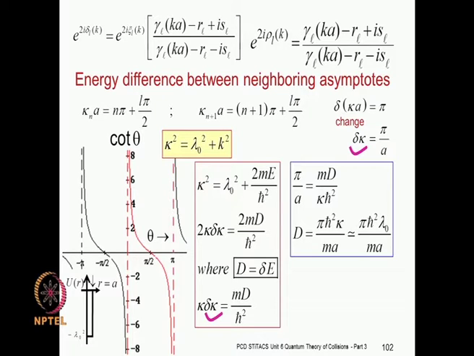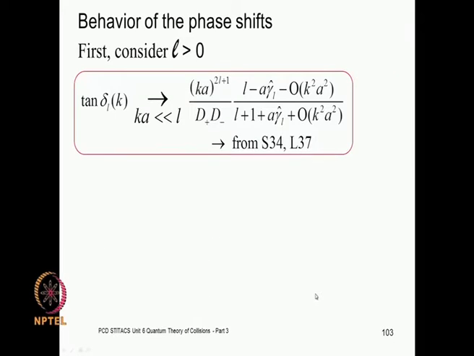Lambda 0 is the root of the potential depth in this case, okay. The potential depth itself is lambda 0 square. So, it is proportional to the root of the depth of the potential. So, this is what you get for the separation between adjacent resonances, and we will now be interested in examining how the phase shift changes at the resonances.